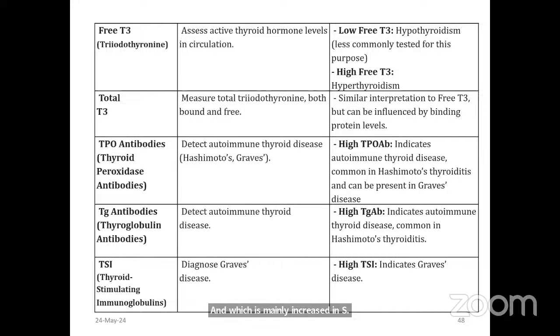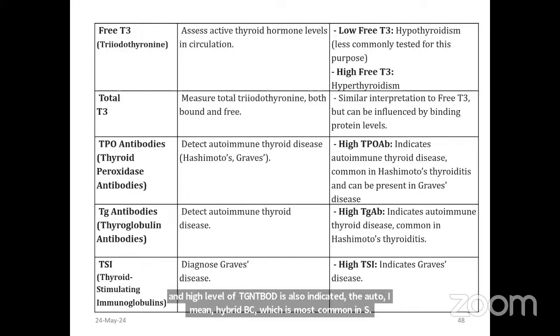TG antibodies, thyroglobulin antibodies, are used to detect autoimmune thyroid disease. So TPO and TG antibodies are mainly used for the autoimmune condition of the thyroid disorder, and a high level of TG antibodies also indicates autoimmune thyroid disease, which is most common in Hashimoto's thyroiditis.